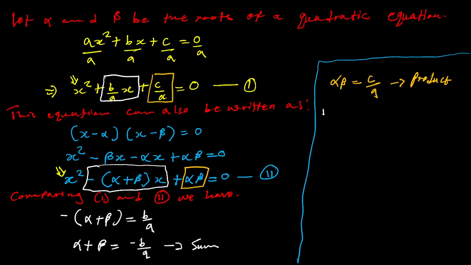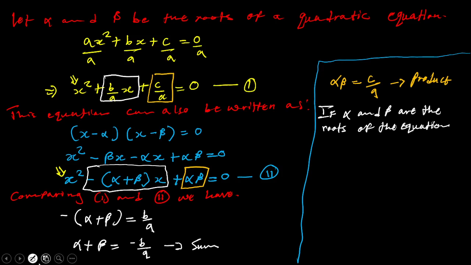If alpha and beta are the roots of a quadratic equation, then its equation will be written as follows.